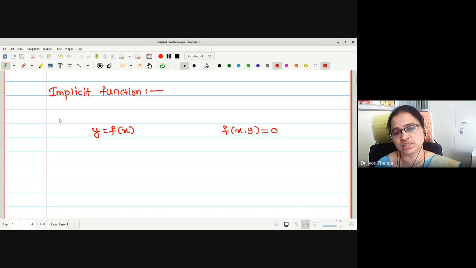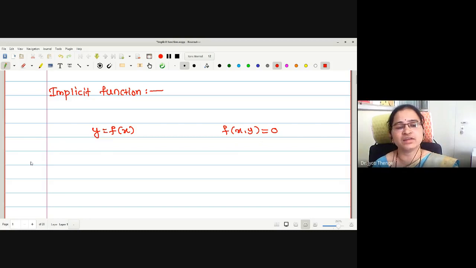Which one of the function is implicit in nature and which one is explicit in nature? I think we were using one word, na? Y is expressed explicitly in terms of x. The theory we have to generalize for the functions of multivariable.